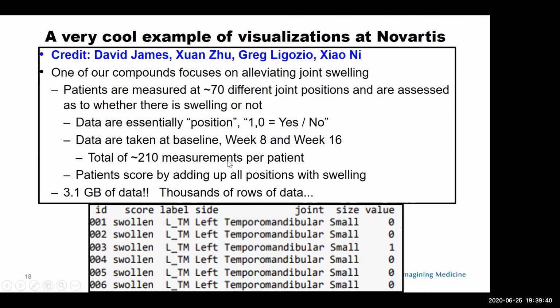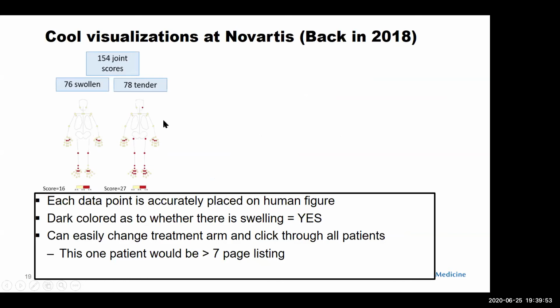So that makes for a really complex way, and how are you going to visualize that information? Well, this team came up with a very cool way to look at and explore that information. And they did it using what we called kind of a humanoid figure here. So each data point is accurately placed on a human figure. The dark colors represent whether there's swelling or not.